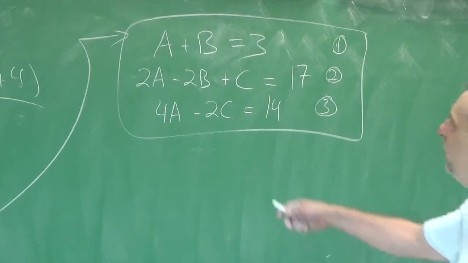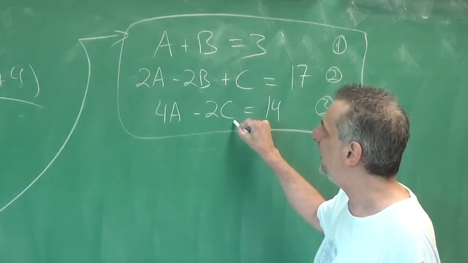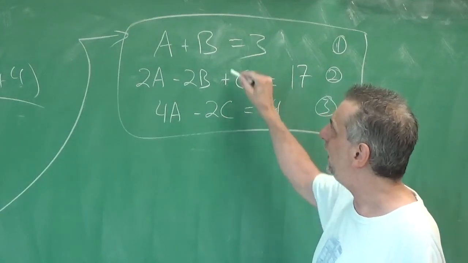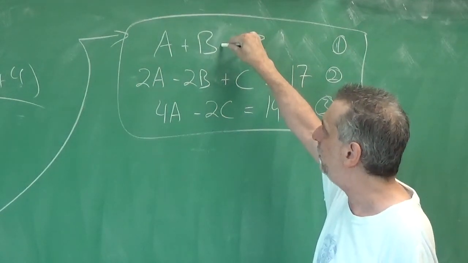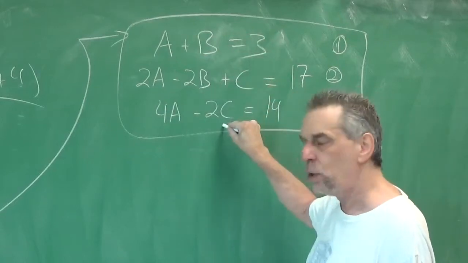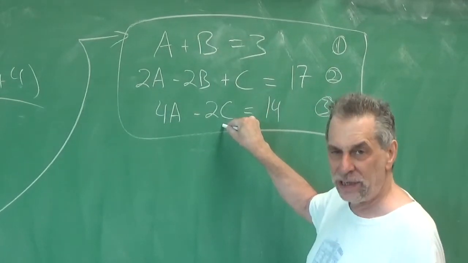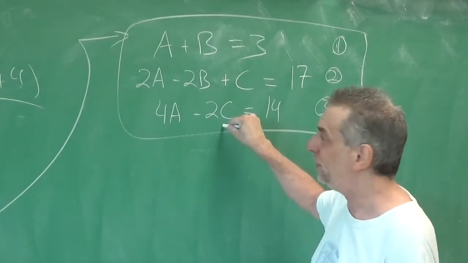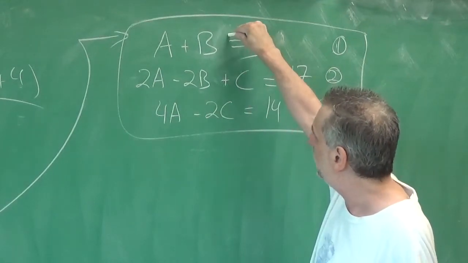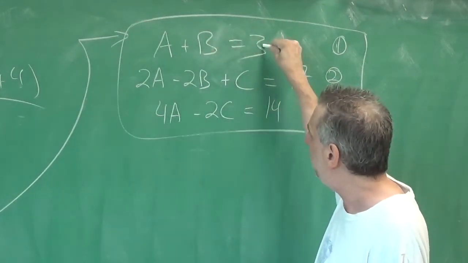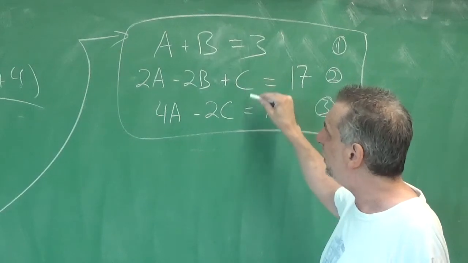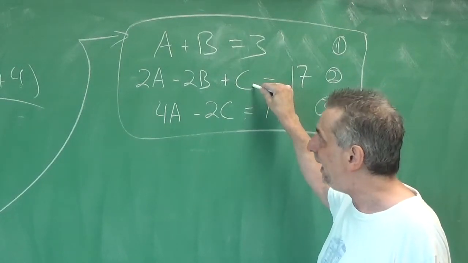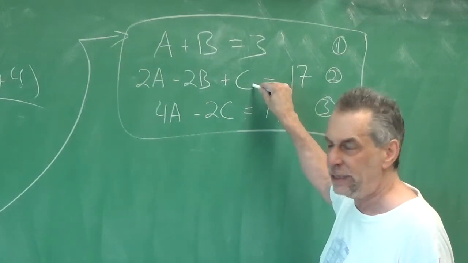We have an equation in a and b, and an equation in a and c. So ideally, we want another equation in a and b, or another equation in a and c. Then we can solve for those 2 and go back and solve for the third. So this one, a plus b equals 3, looks like the absolute easiest one. So let's use these 2 and eliminate the c, and then we'll have a second equation in a and b.